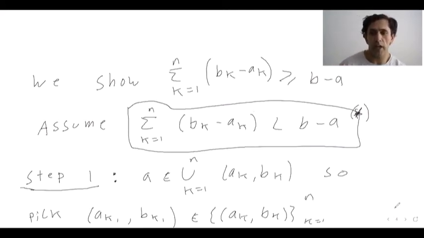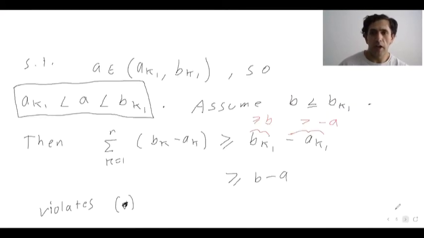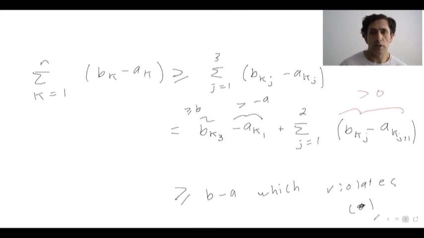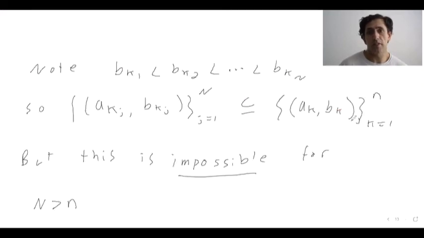We're constructing a violation of this here, that there exists an n where this finite number of intervals covers A to B. This statement here is really forcing this to be infinite. Okay.